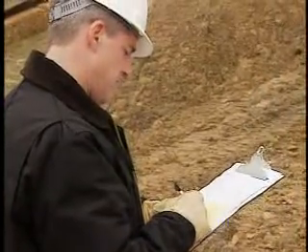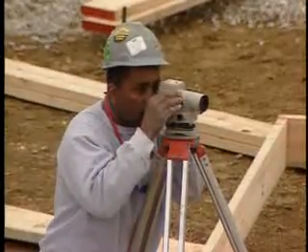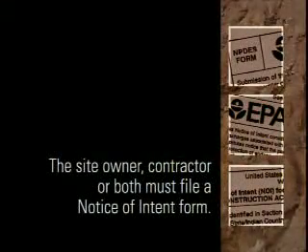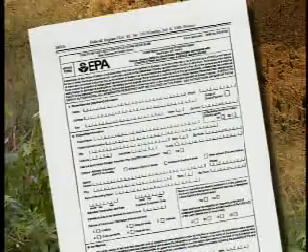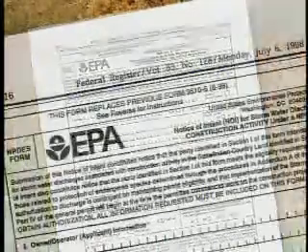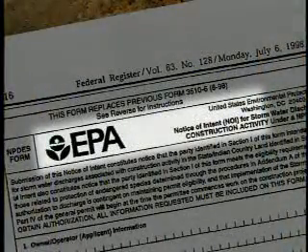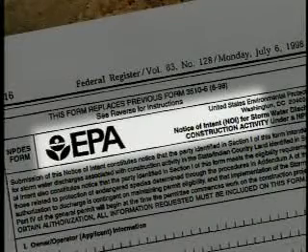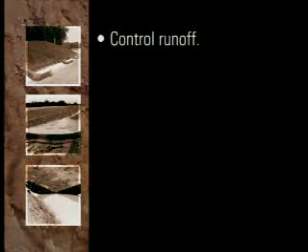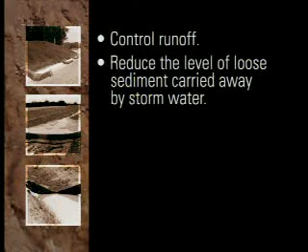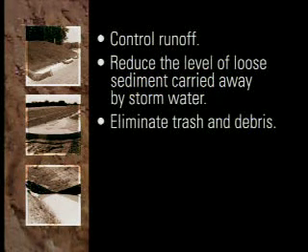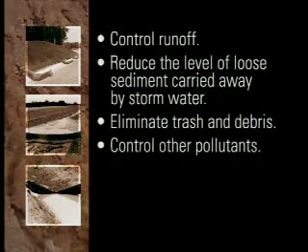Before construction can begin, depending on local regulations, either the site owner, contractor, or both must file a Notice of Intent form to obtain the required coverage under the National Pollutant Discharge Elimination System, NPDES General Permit. This permit requires that you implement BMPs to control runoff, reduce the level of sediment carried away from the site by stormwater drainage, eliminate trash and debris, and control other pollutants from the construction site.